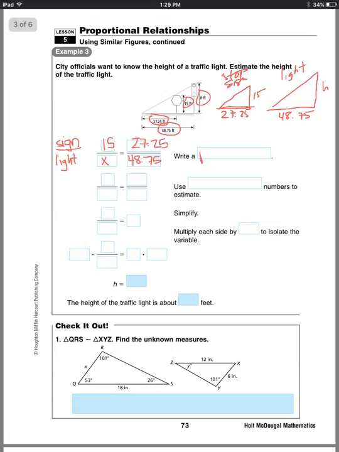So we wrote a proportion. Now we could use compatible numbers to estimate. We don't need to estimate yet, so we're just going to multiply cross products.